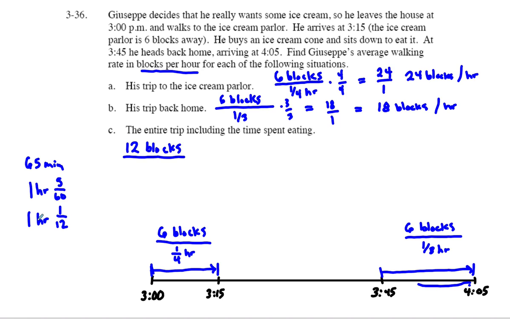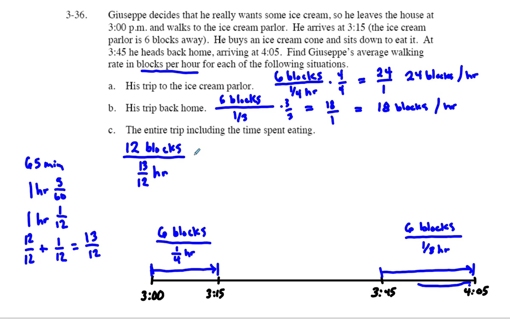But I'm going to change this into an improper fraction so that it'll be easier for us to come up with the answer. This 1 hour is like 12/12. So if we have 12/12 plus that 1/12, that's the 5 minutes. This is 60 minutes, this is 5 minutes. That gives us 13/12. So he's done 12 blocks in 13/12 hours.